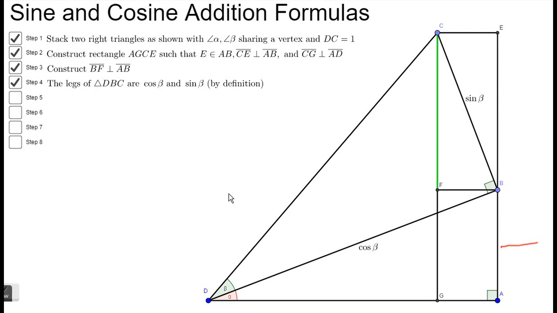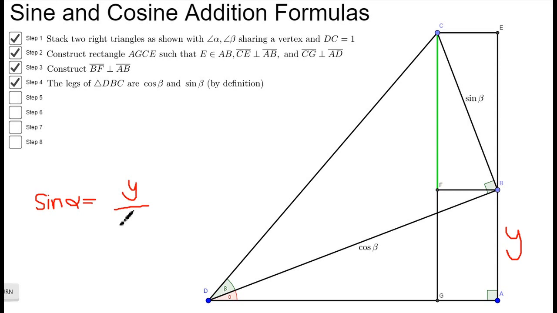Suppose that we call this segment AB. That's what we're trying to calculate. Let's just call it Y. It's a vertical segment, so for the moment we'll just call it Y. And then let's write this equation down, right? So we have the sine of alpha equals the fraction opposite over hypotenuse, right?